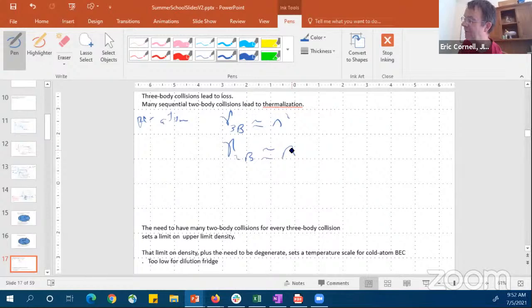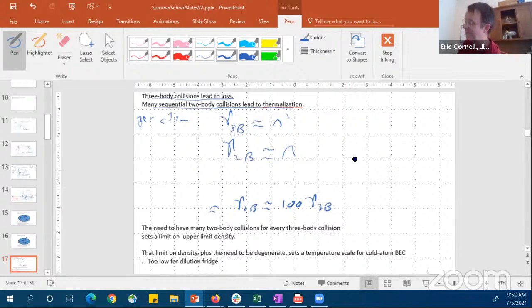So if you have many sequential collisions, this can lead to thermalization, no problem. Three-body collisions lead to loss. So realistically, you'd like gamma 2b to be maybe 100 times gamma 3b. It depends on how good a thermal equilibrium you want.